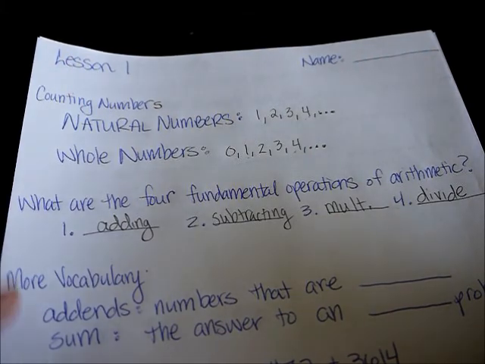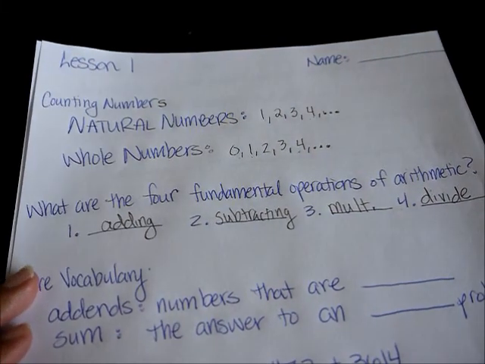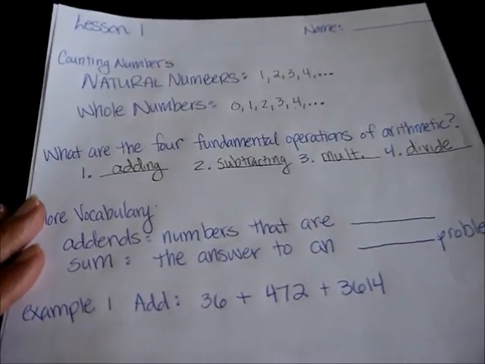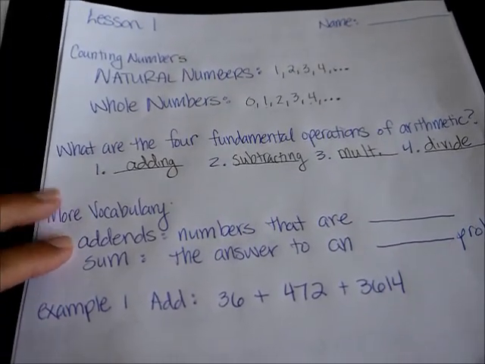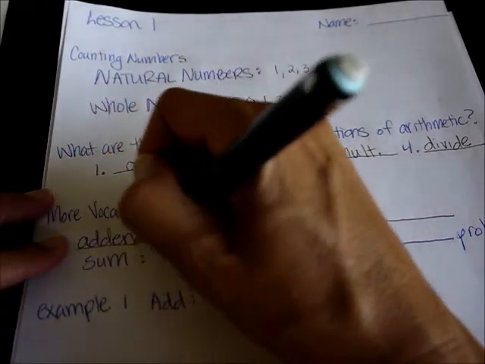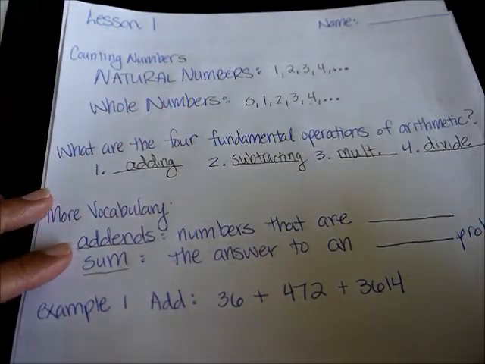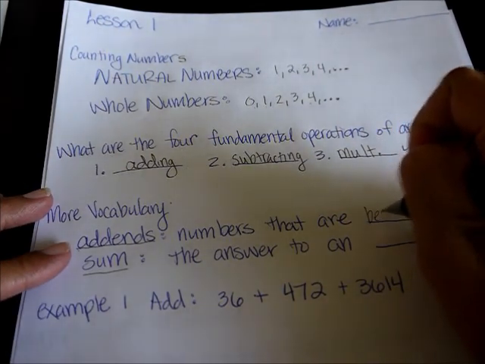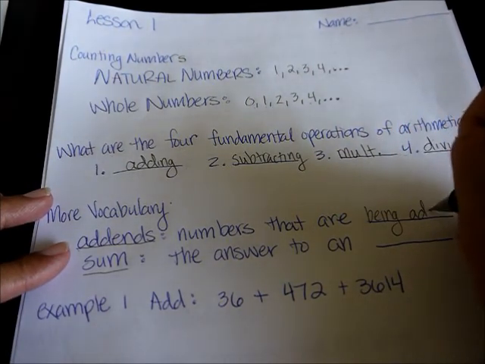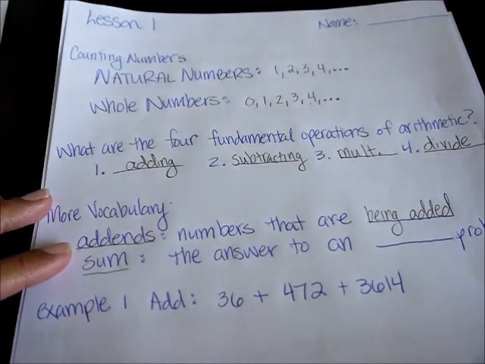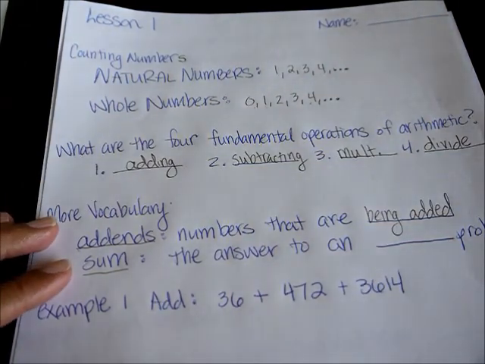Okay, so now let's talk about some vocabulary for addition. In addition, we have 2 vocabulary words. We have addends, and we have the sum. Now the addends are the numbers that are being added. And the sum is an answer to it.